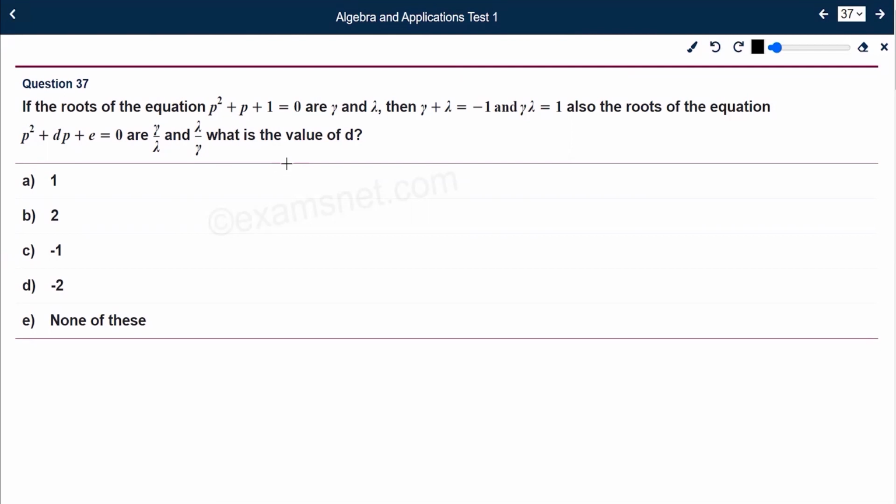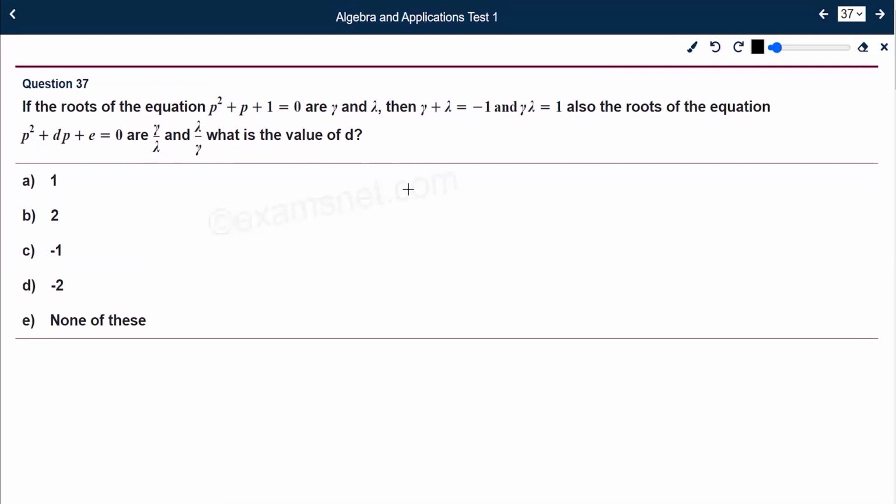So here we are going to start question number 37. If the roots of the equation p square plus p plus 1 equals 0 are delta and lambda, then delta plus lambda equals minus 1 and the product of delta and lambda equals 1. Also, the roots of the equation p square plus dp plus E equals 0 are delta by lambda and lambda by delta.